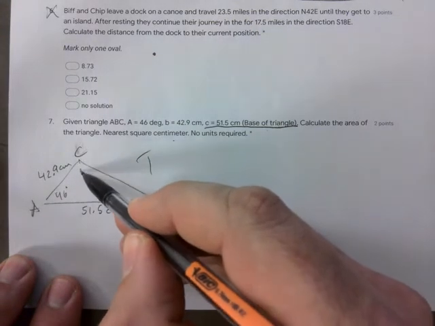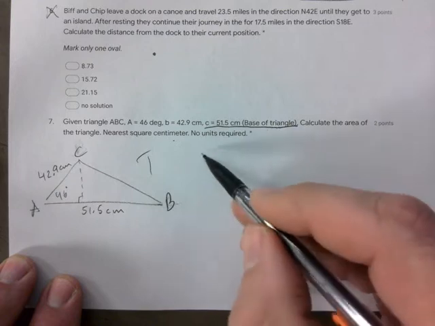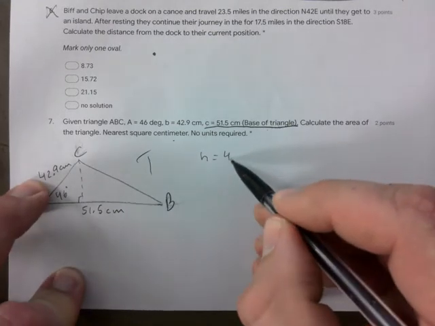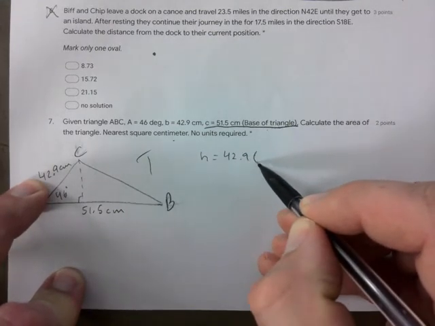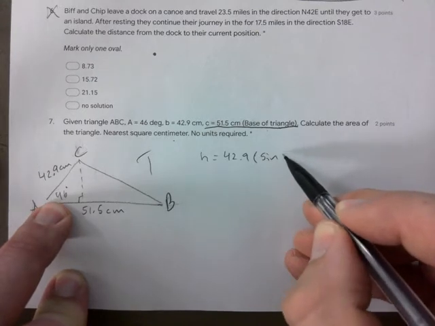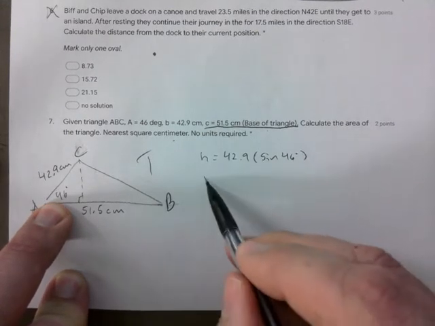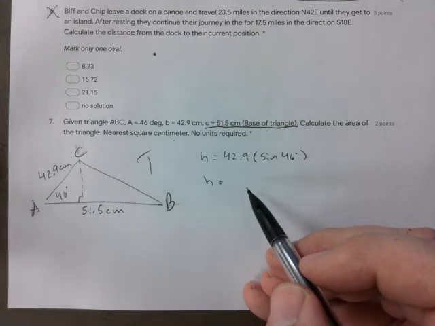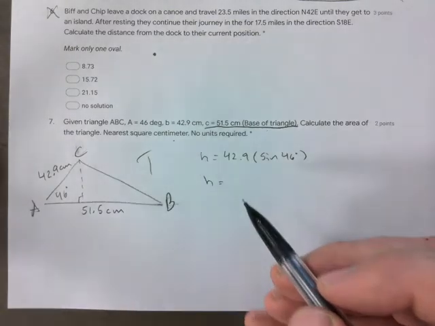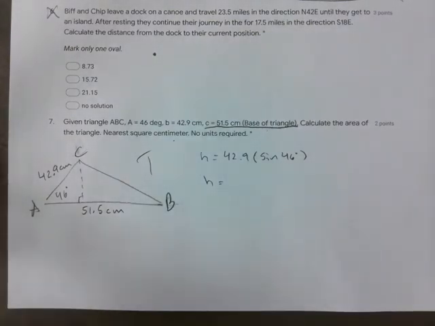And so for area, we need the height. So the height of this thing is 42.9 times sine of 46. Let's see here. 42.9 times sine of 46.